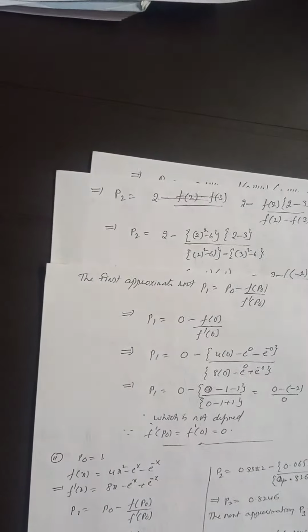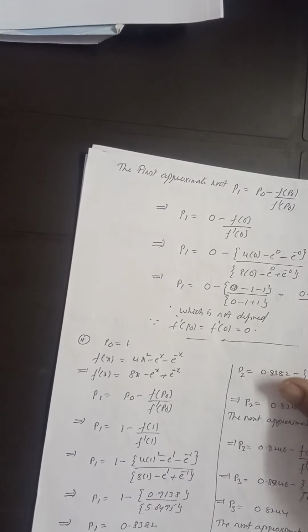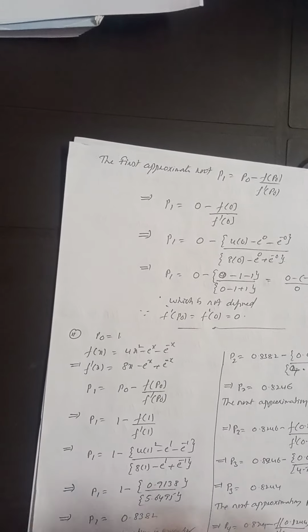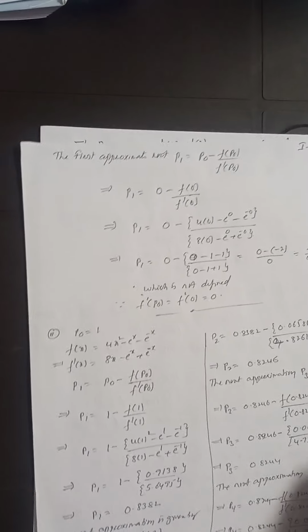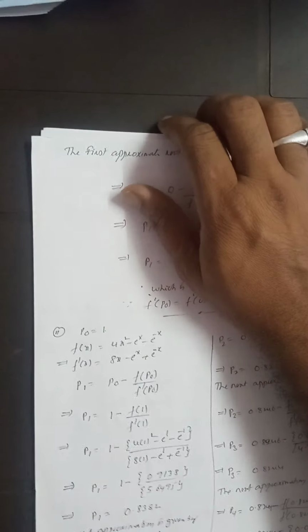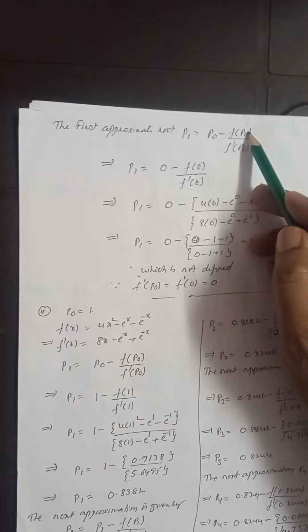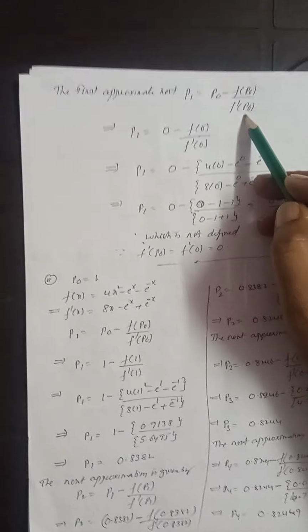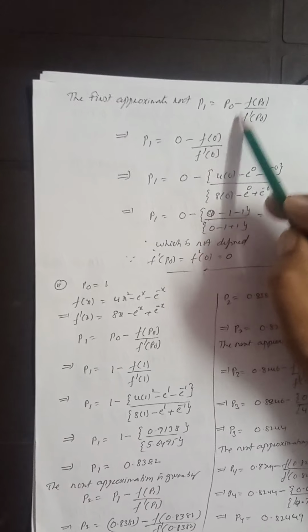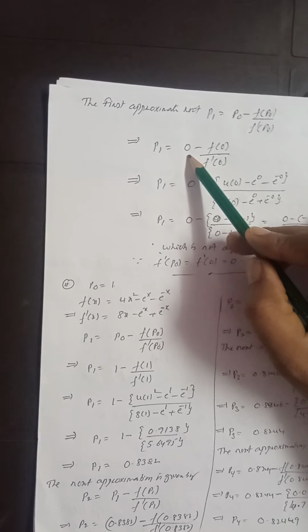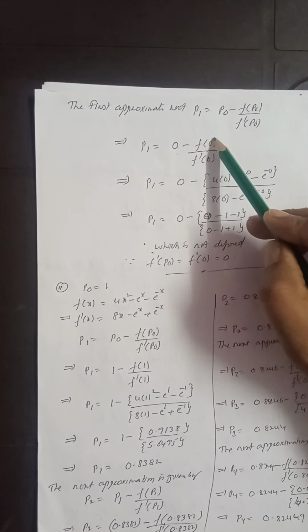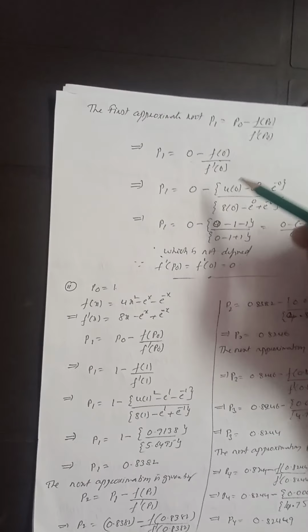Now see, the first approximate root is given by P1 is equal to P naught minus f of P naught by f dash of P naught, right? Now P1 is equal to, what is P naught? Initial approximate root as 0. 0 minus f of 0 by f dash of 0.